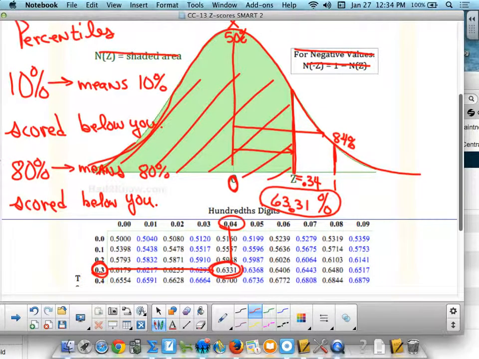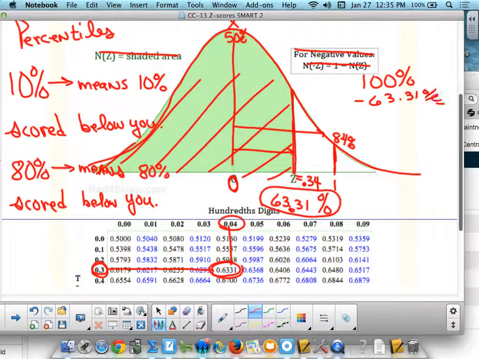Can I ask you this question? Who scored better than you? These people scored better. What percent scored better? 37. But how are you getting that? Take 63.31 out of 100. So you're saying the entire population is 100%, and take away the people that I scored better than, 63.31.